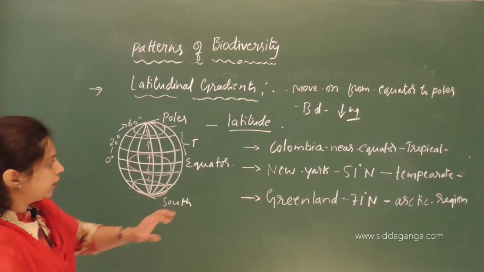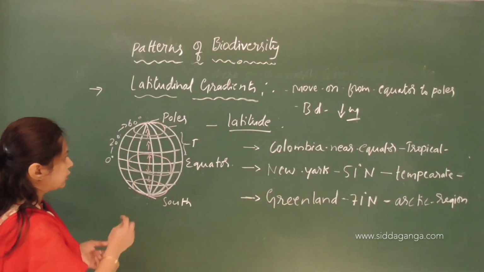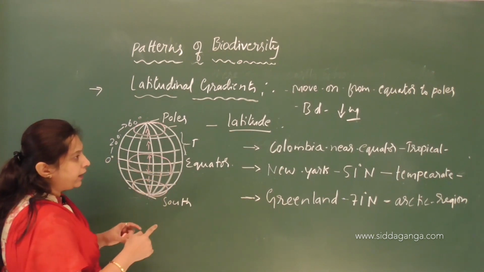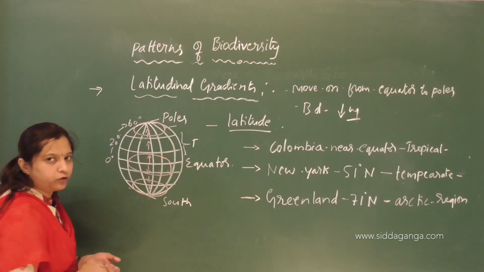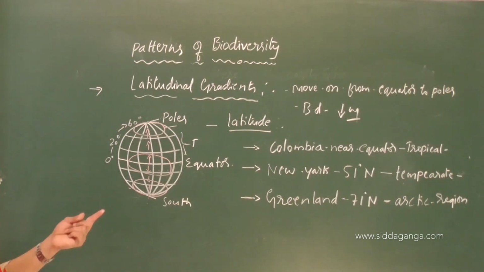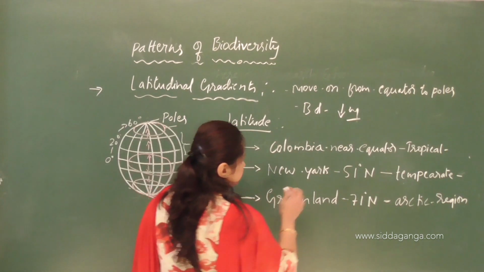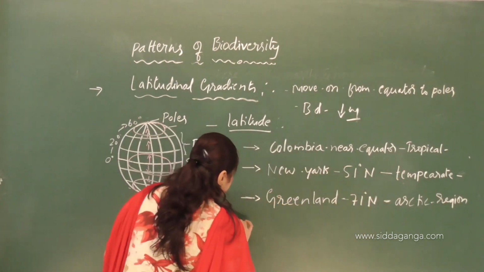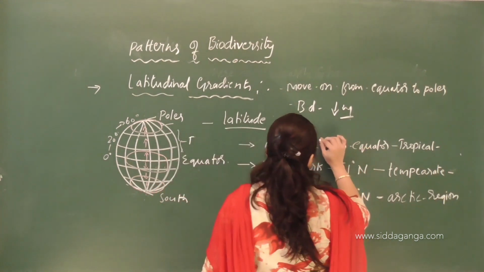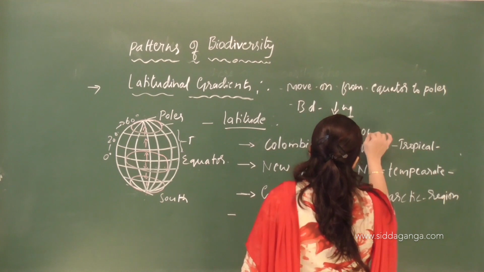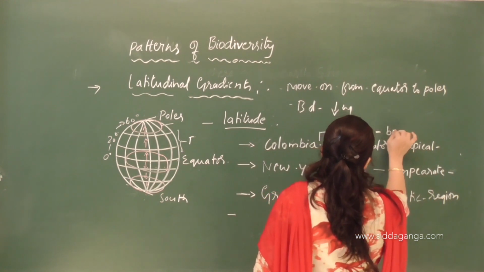Here Colombia is located near the equator. When we compare the bird species in these 3 places, Colombia has 1400 species of birds.